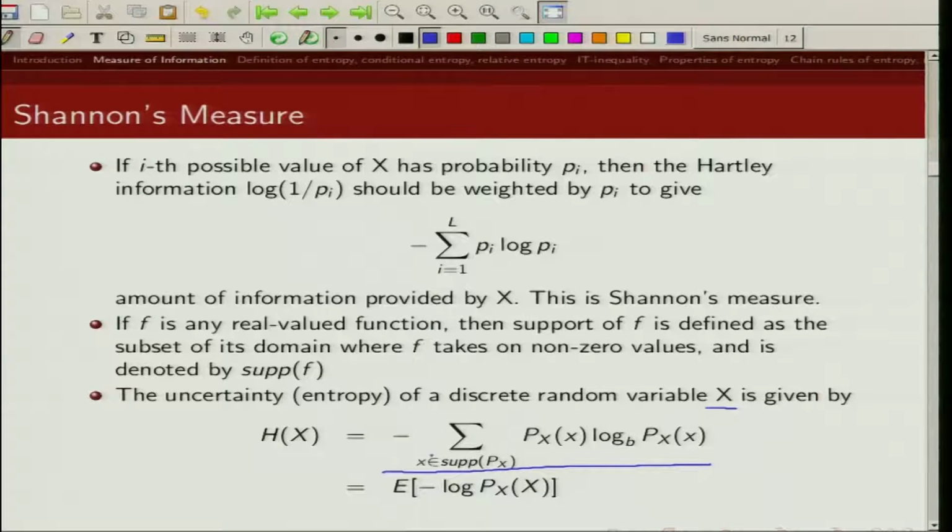So we define this as minus sum of p(x) log p(x) over the support set of p(x). This is because log of p(x) is defined over those values of p(x) which are greater than 0. So we can define the entropy or the uncertainty associated with a random variable as the expected value of minus log of p(x).